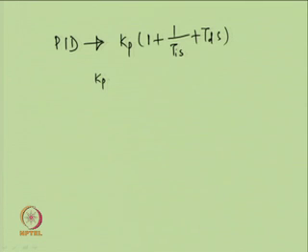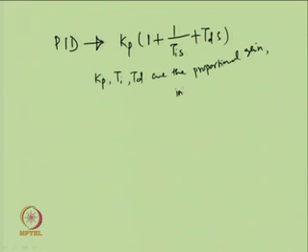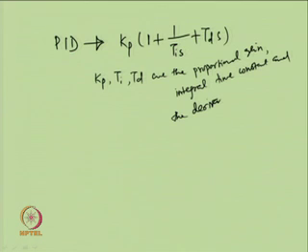where Kp, Ti and Td are the proportional gain, integral time constant and the derivative time constant of the controller.